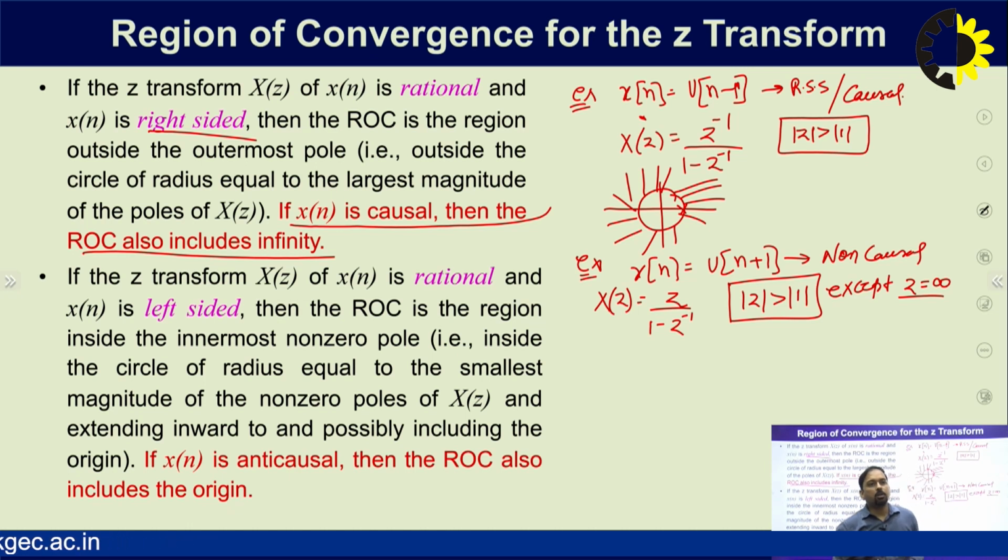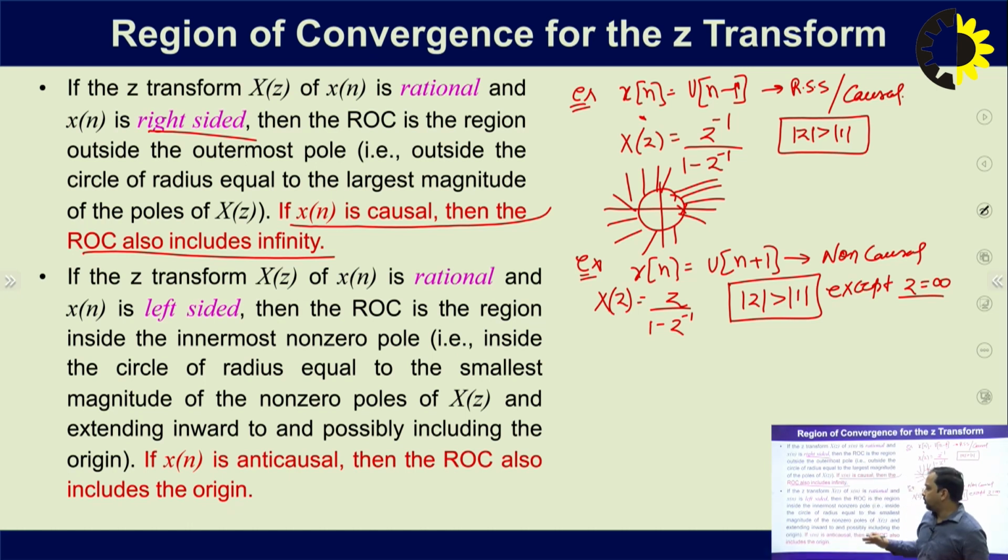Similarly, if we talk about the anti-causal case, means if the Z transform X(z) of x[n] is rational and x[n] is left-sided, then the ROC is a region inside the innermost non-zero pole. So if x[n] is anti-causal, definitely the ROC includes the origin.